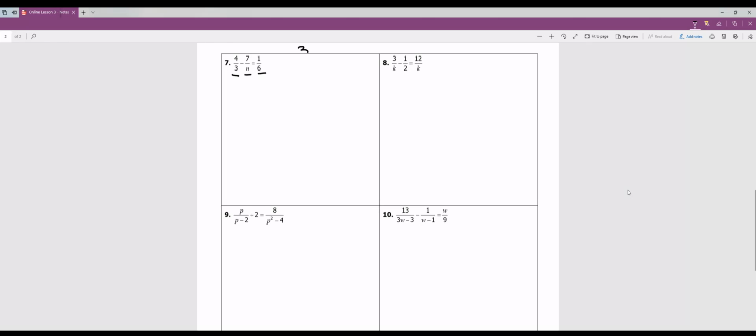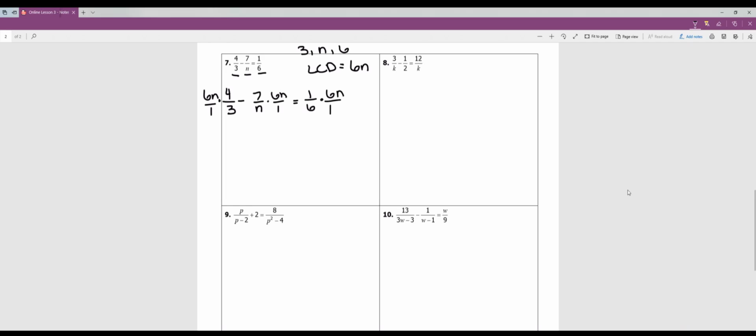So out of those 3n and 6, my least common denominator is going to be 6n. So now that I know what my least common denominator is, I want to multiply every single part of my expression by 6n over 1.